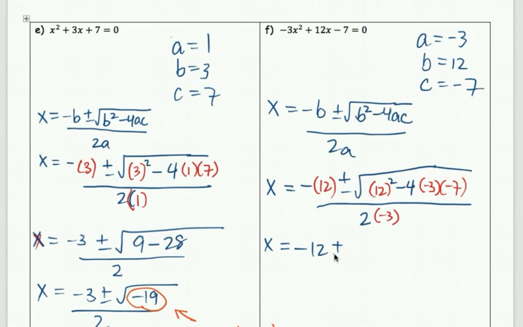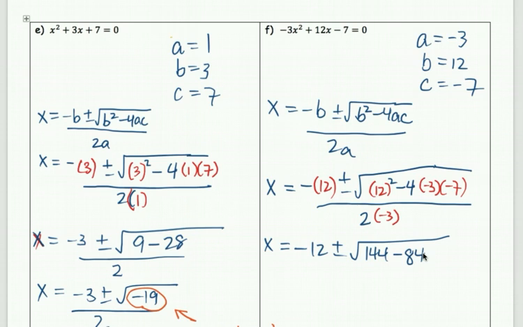So that's negative 12. 12 squared is 144. We've got lots of negatives here, so watch out. We have negative times negative times negative, so we know it's going to be a negative answer here. And then we have 12 times 7, which is 84.